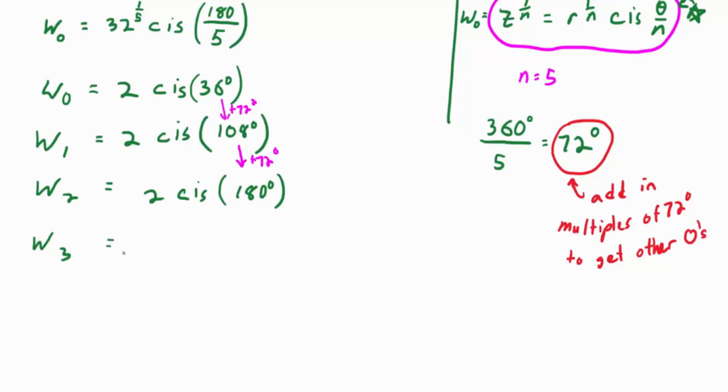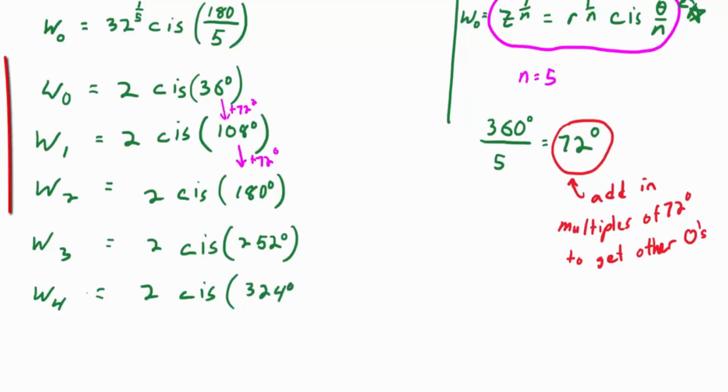So W3 is the second to last one. 2 cis, add 72 to 180. What do you get? Not 152, but 252. So add 72 again. Since we started counting at 0, W4 is the fifth root. So W4 is 2 cis, add 72 again. What do you get? 324.